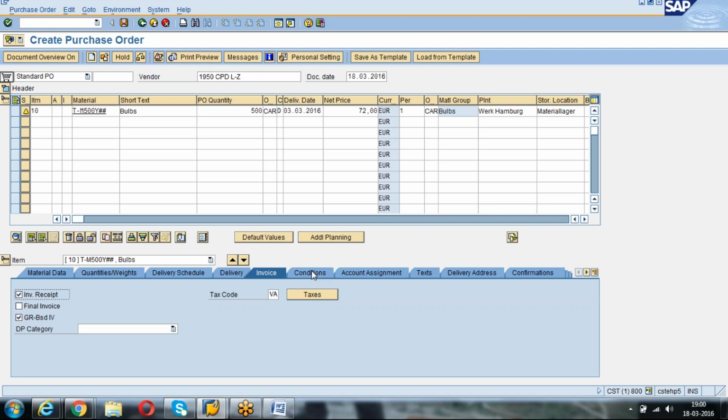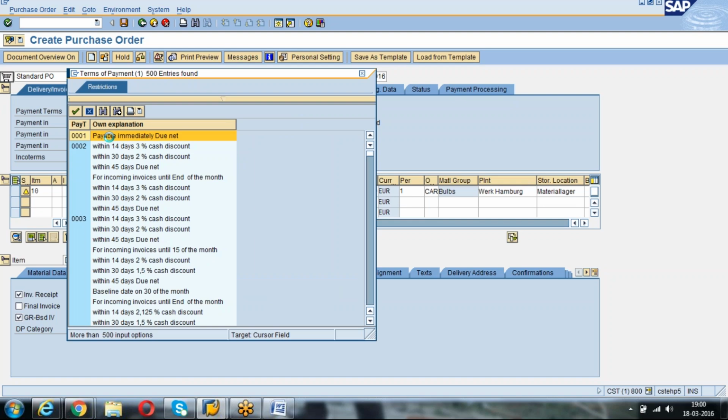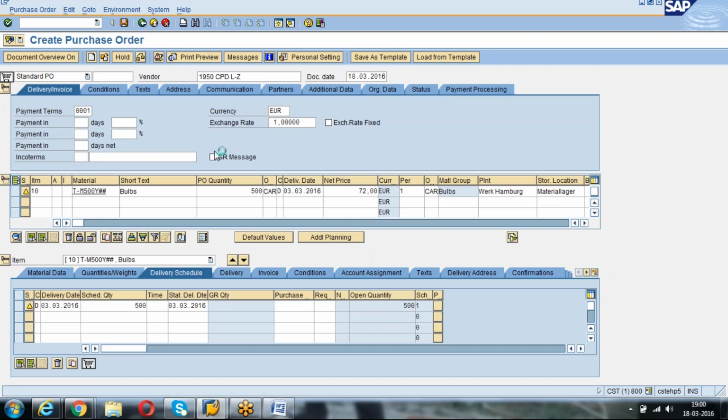Okay, now for the cash discount and so on, we can do one normal activity, for example I will give the payment terms, payable net directly. The basic process we can perform.